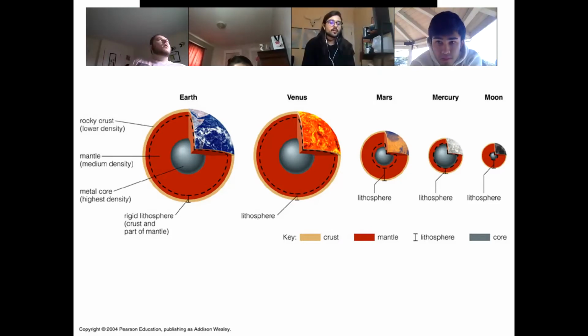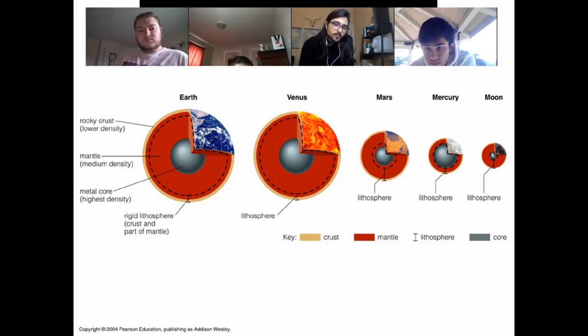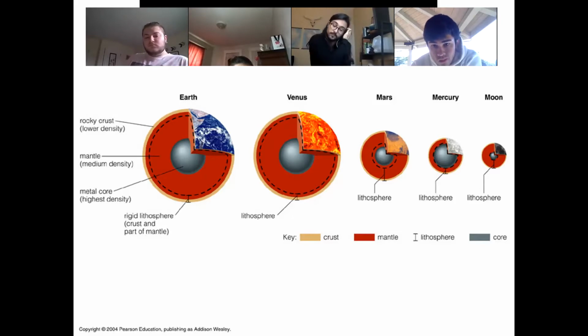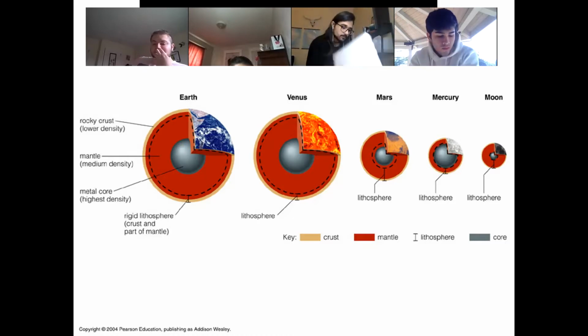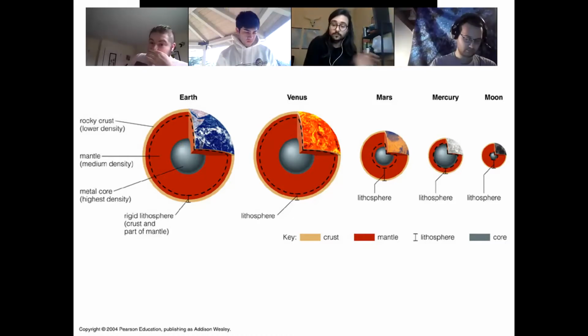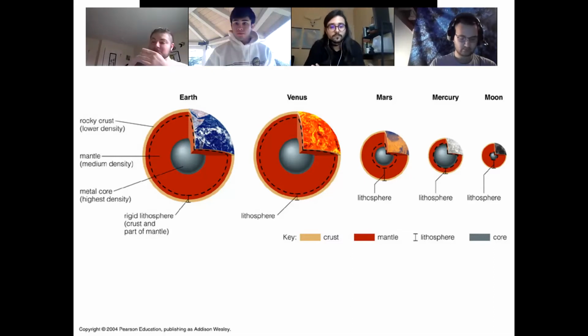Planets with more internal heat tend to have what on their surfaces? Volcanoes? Yeah, volcanoes for one. Maybe an atmosphere. Maybe some plate tectonics if there's water. Maybe water. Cool stuff. Stuff that's fun to play on if you're an alien, all right?